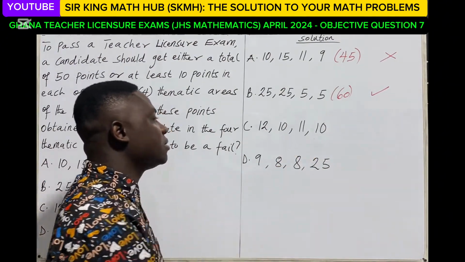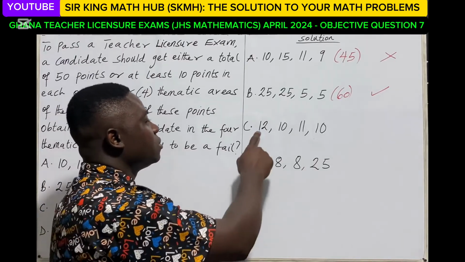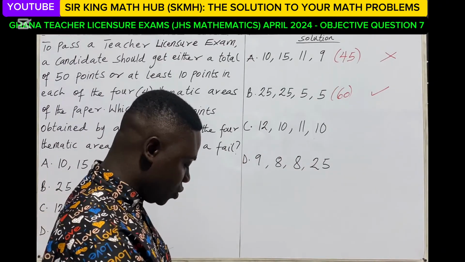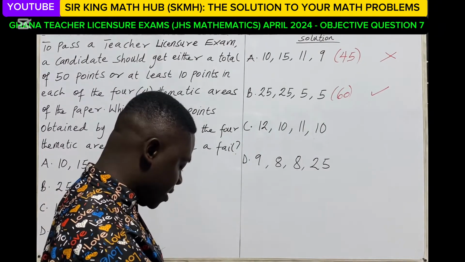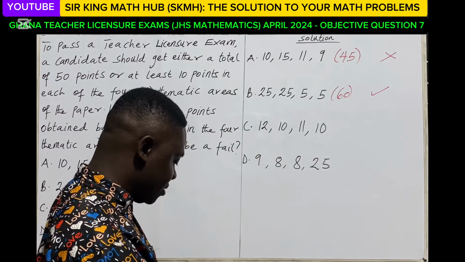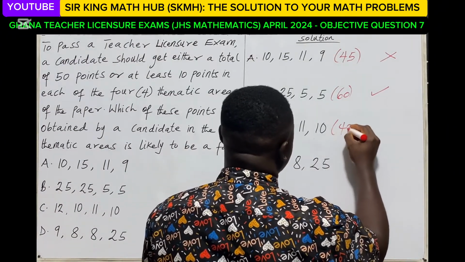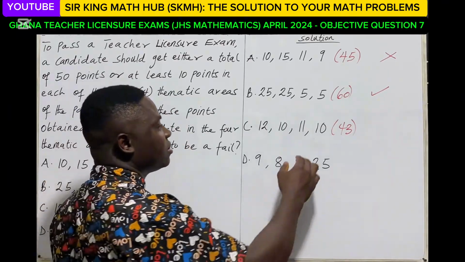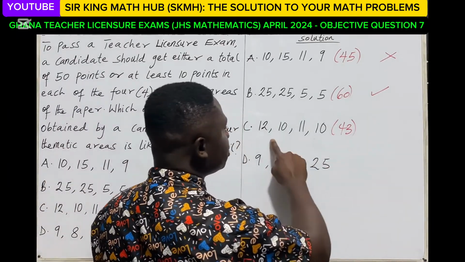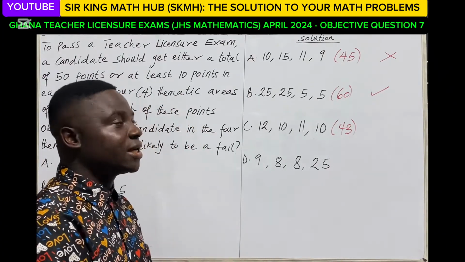Let's also look at the third scores. So let's look at the total. 12 plus 10 plus 11 plus 10. This is giving us a raw score of 43. So for the first condition, this student will not pass the exams. But let's also look at the second condition.